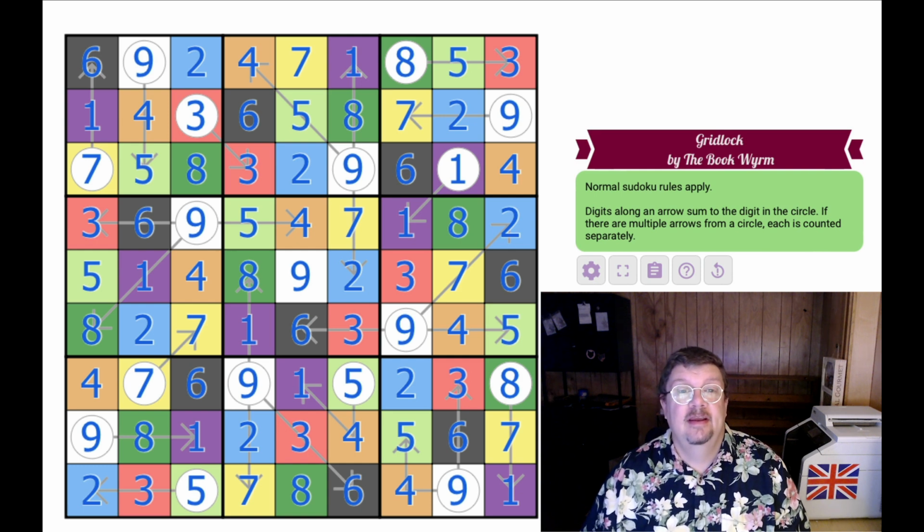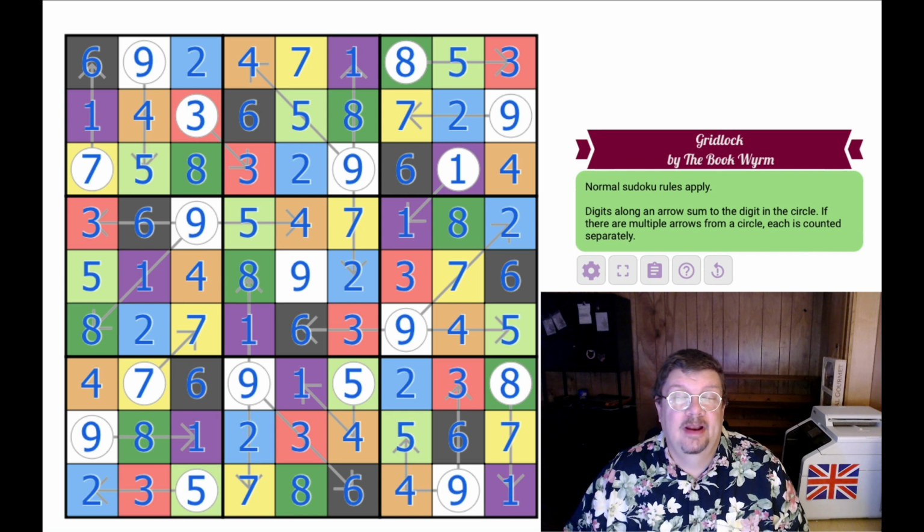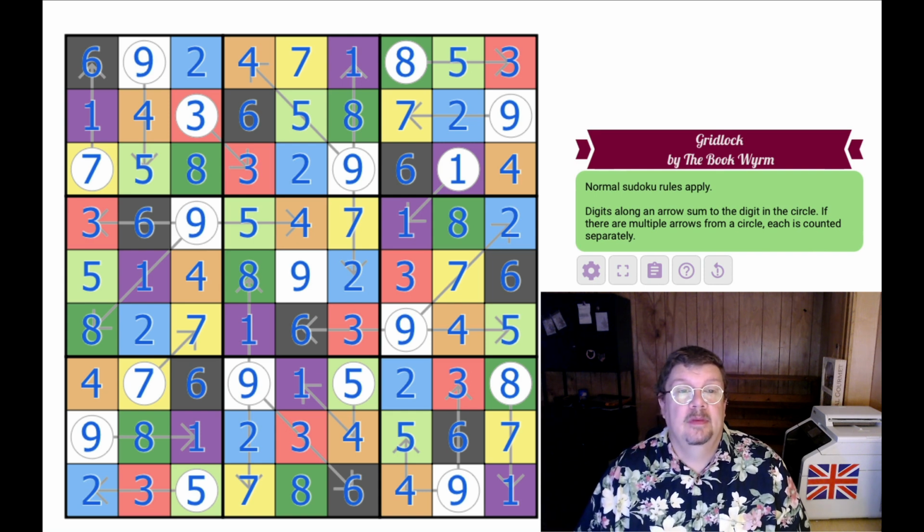I absolutely loved it. The colouring puzzles like this are ones that I absolutely love to do. I particularly enjoyed the one cell arrows that prevented all 4 different 9 sums being available in various places, and then the way this arrow resolved so that this digit was odd but also had to be low because of this arrow, that was just absolutely great.